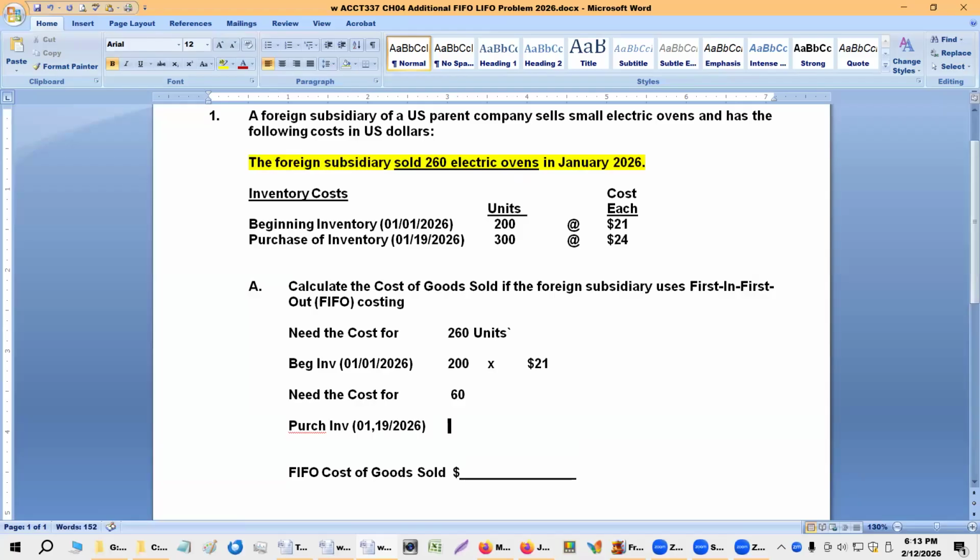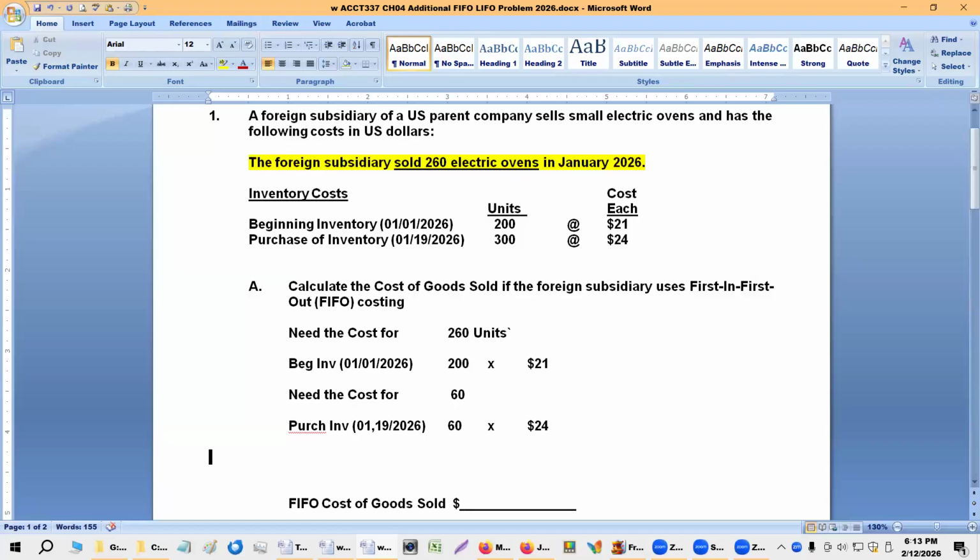So we'll take 60 of those, at $24. And you don't need to put this in, but I'm going to put this in: need cost for, and at this point, it's 0. We don't need the cost for any of them. We got all 260.